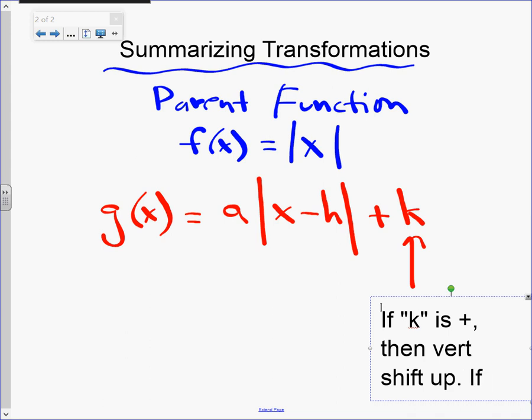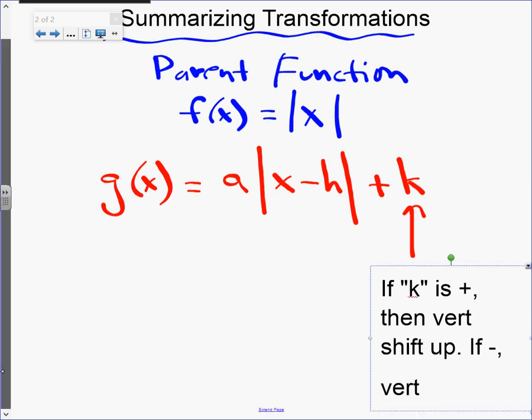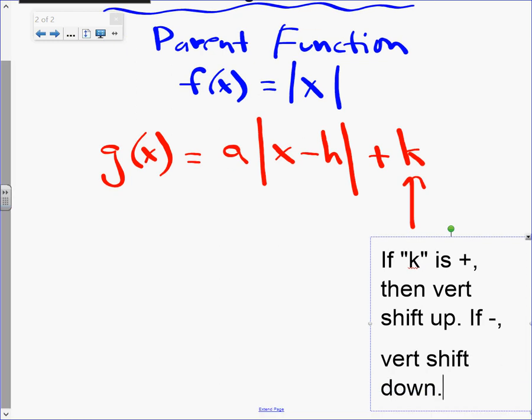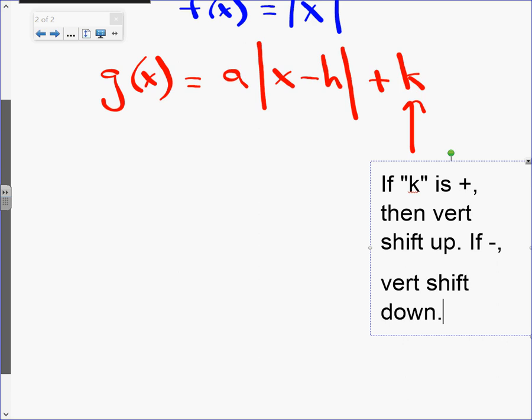If negative, vertical shift down. Right? We just did that on warm-up. If it's a plus something, it's up. If it's a minus something, down. The child will be up or down, vertical.